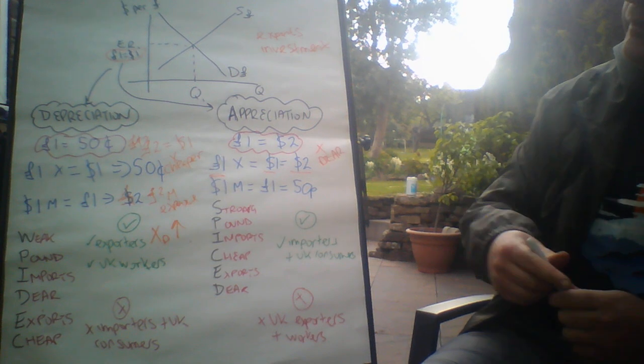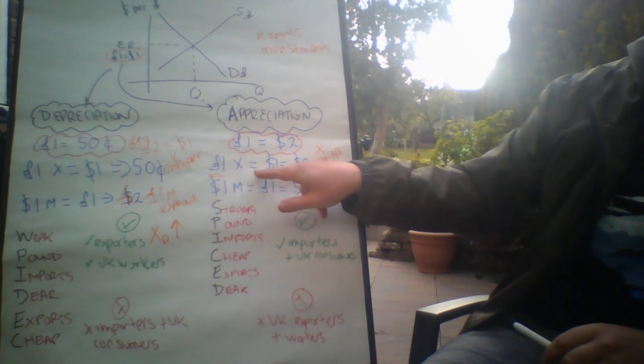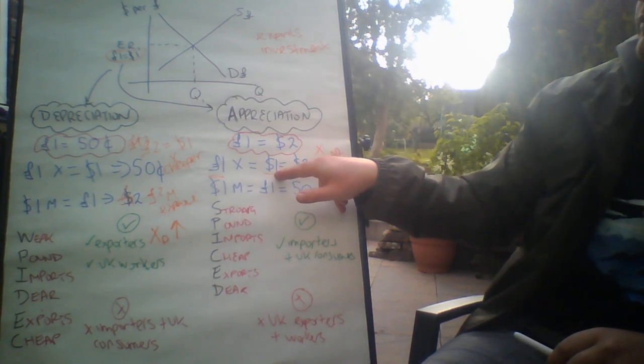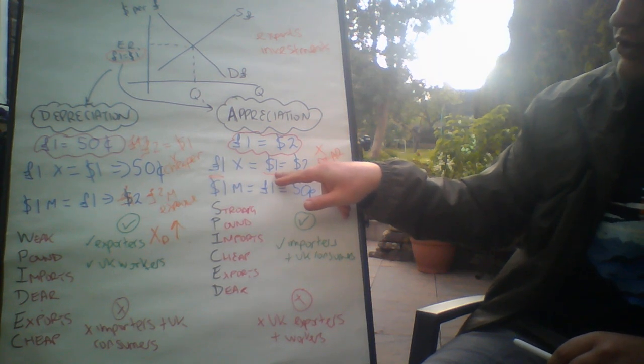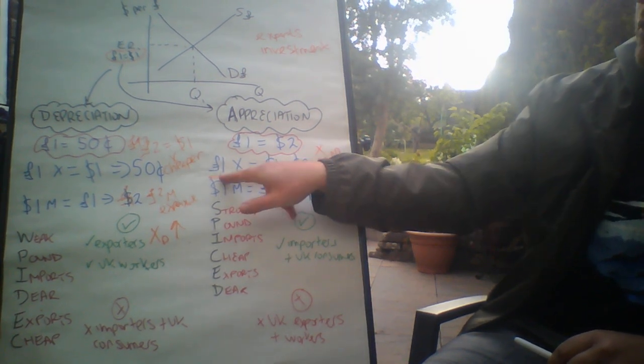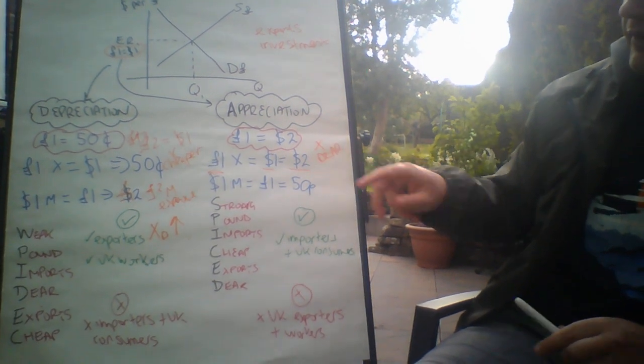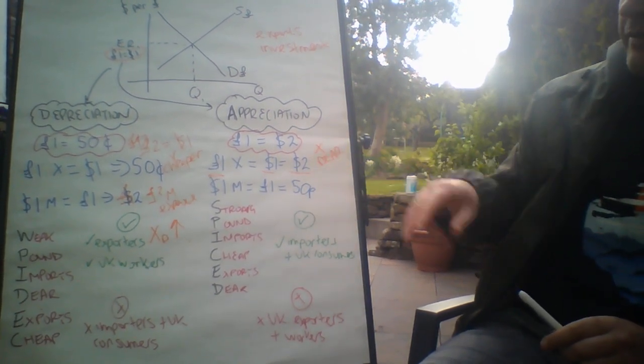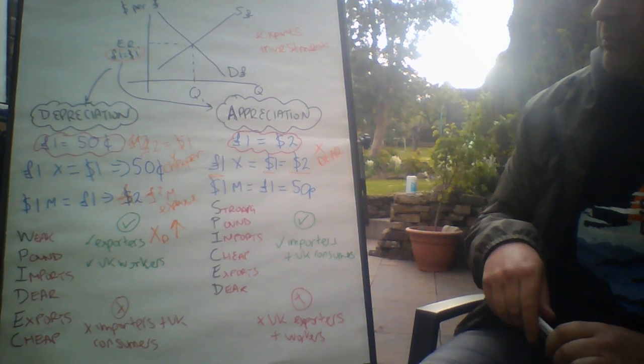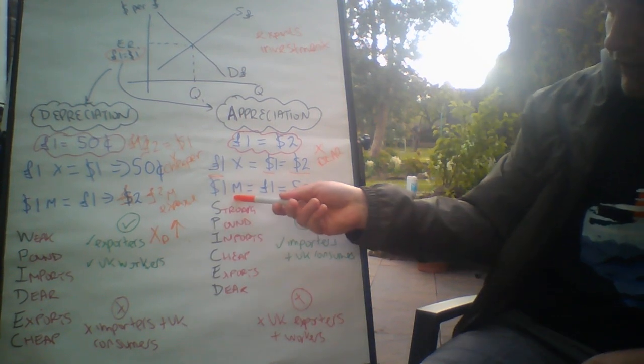And look why. A £1 export used to cost $1 to the Americans based on the original exchange rate. Well, to buy a £1 now, they've got to sacrifice $2. So it's doubled in price. So export demand will now probably go down from Britain. Imports though should become cheaper.